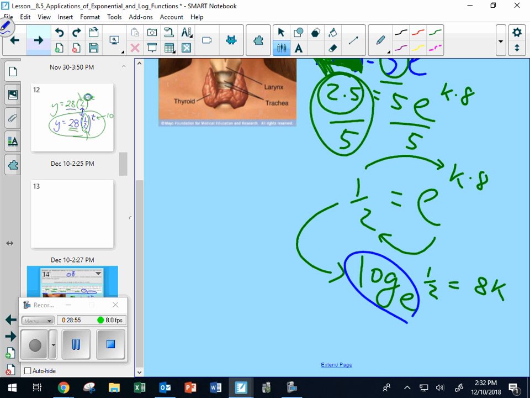So you go ln 1/2. Use a calculator. Would you tell me what it is, please? ln 1/2. ln 0.5. Thank you. And then divide both sides by? Divide by 8.